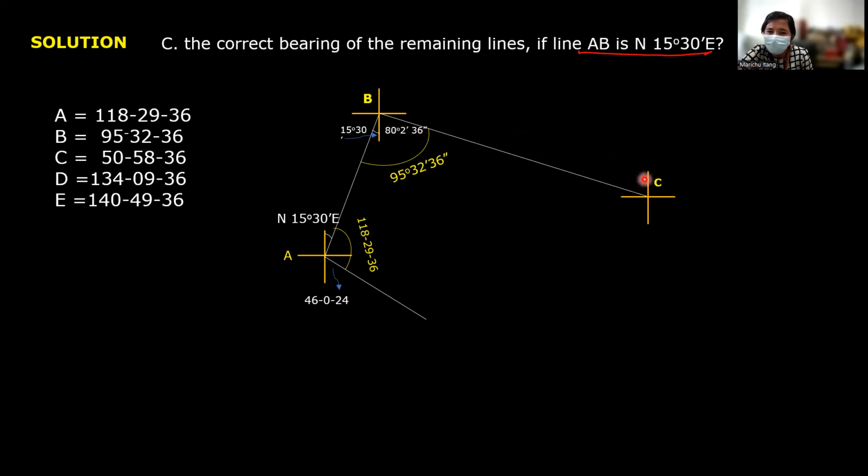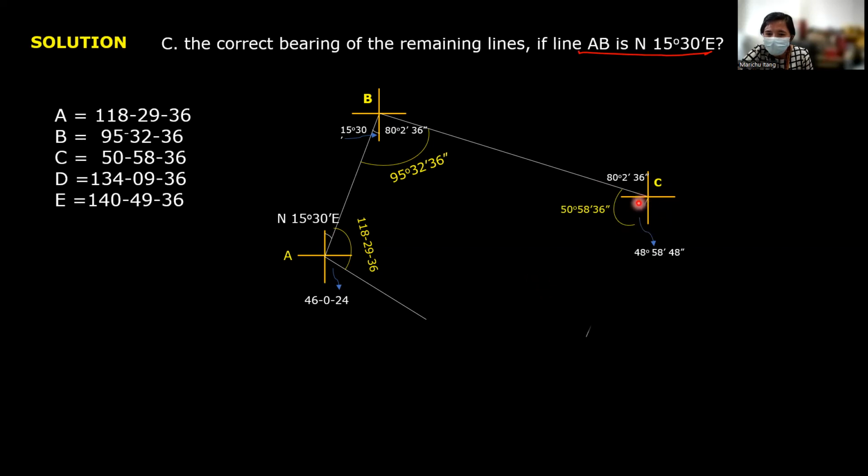Then we draw another angle, which is 50 degrees, 58 minutes, and 36 seconds. From here, we have a little extra, about 9 degrees, then 9, 10, 11, 12, 13, 14, up to 50 degrees, 58 minutes, and 36 seconds. So our next line goes only up to here. The next line is for D. So this is 50, 58, 36.